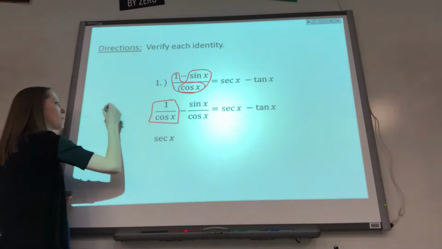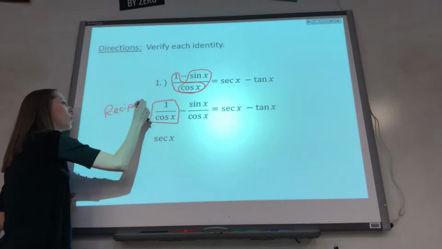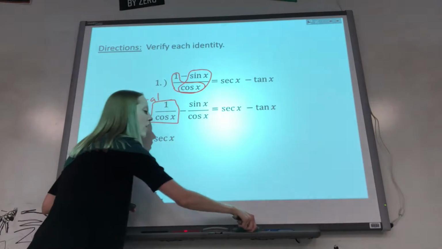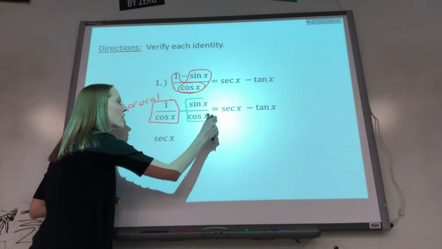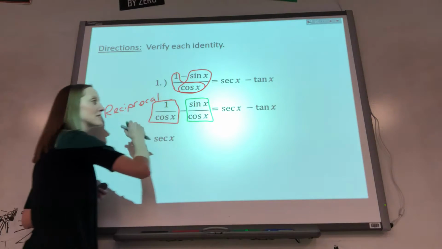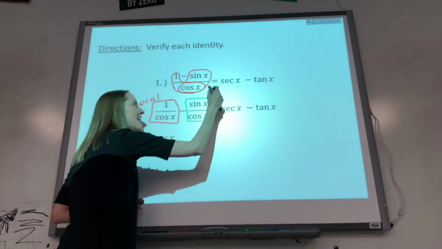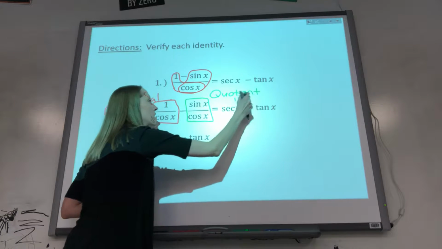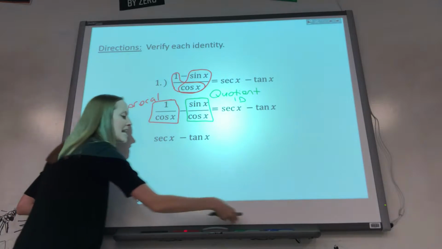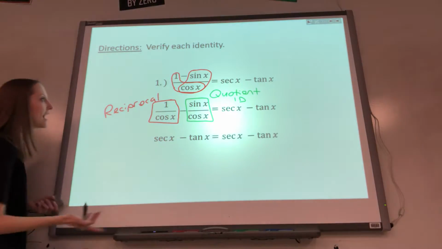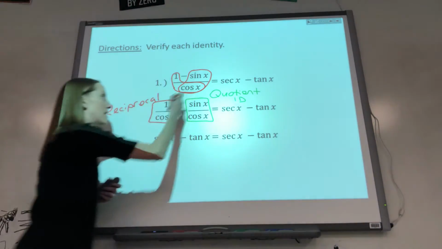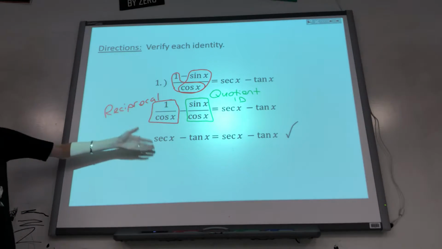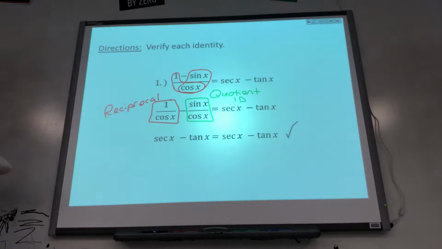This is a reciprocal identity. 1 over cosine is secant. And over here, how can I rewrite sine of x over cosine of x? Tangent of x. That is a quotient identity. And so how nice was that? After just a couple steps there, one step really, just kind of breaking it apart, it ended up being exactly what we needed on the other side.